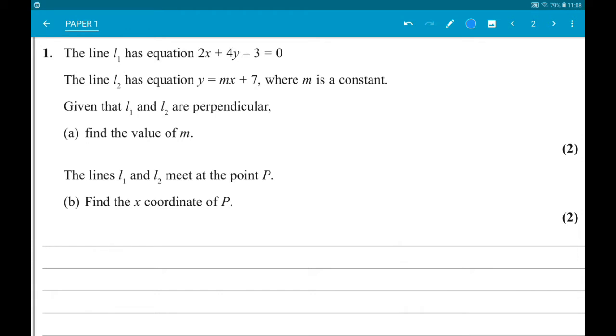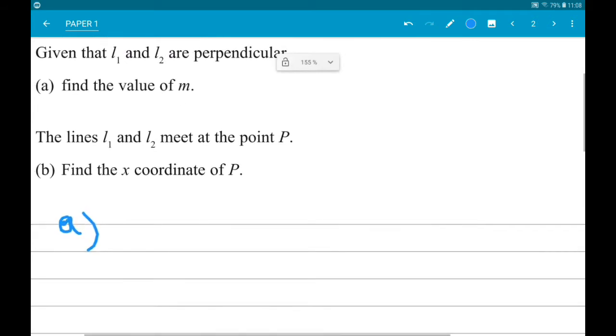So, we need to get L1 in the form y = mx + c. So, we're going to add 3 and subtract 2x.